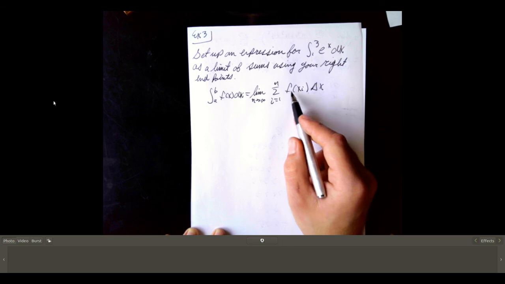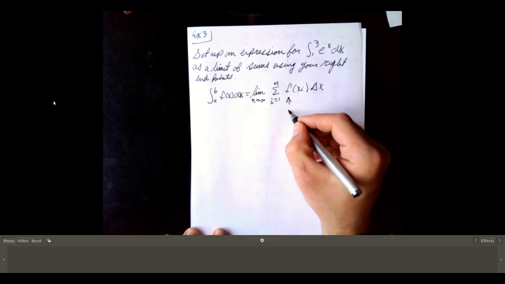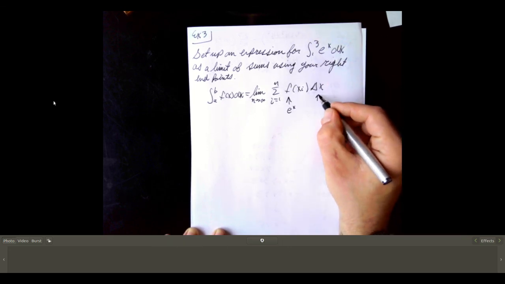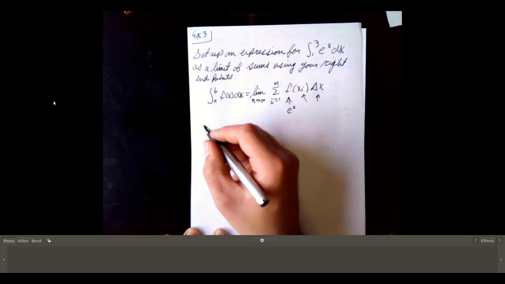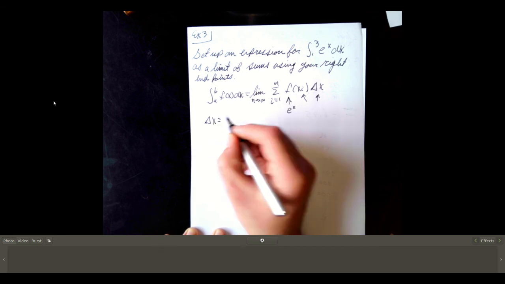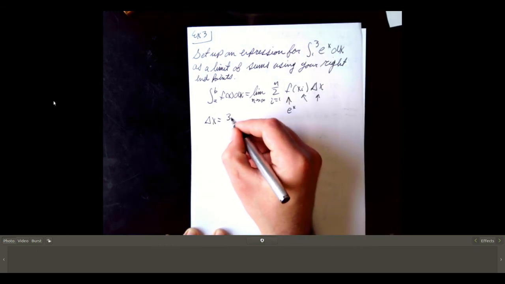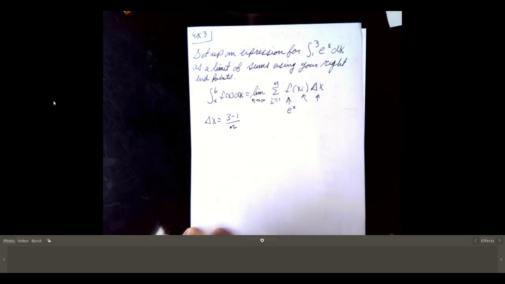So we already know what this f function is. This is going to be our e to the x. We need to figure out what our delta x is and what our xi's are. So our delta x is going to be the difference of our endpoints, 3 minus 1, divided by n.